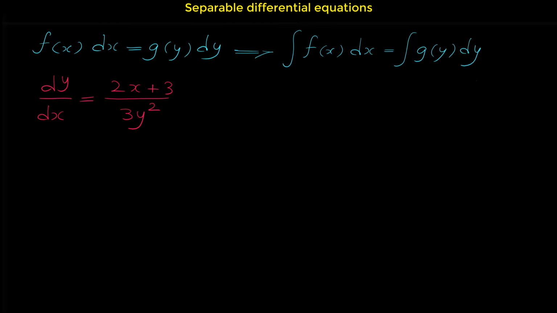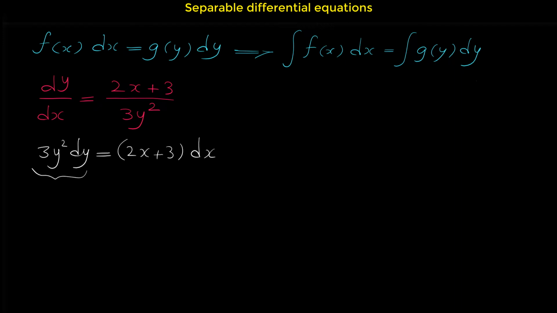Here, with cross multiplication, by multiplying 3y squared by dy and dx by 2x plus 3, we can separate variable x from variable y. So we have 3y squared dy equals 2x plus 3 times dx.